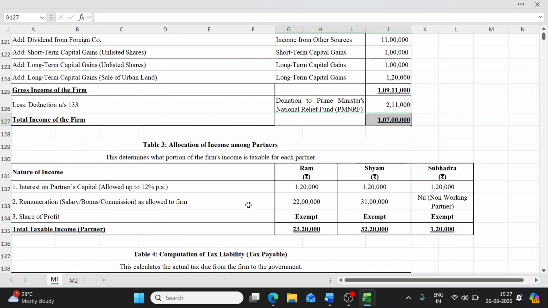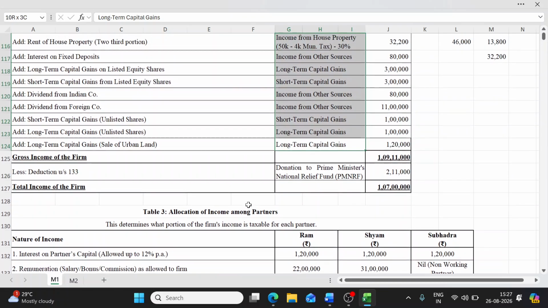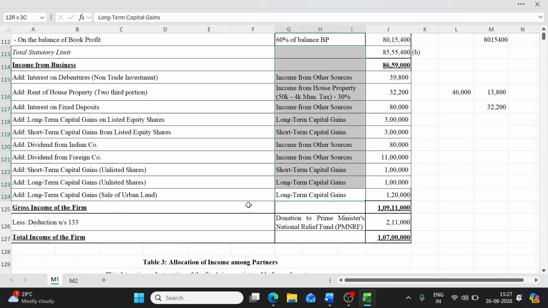So on 1 crore 7 lakh, this firm should pay income tax. But this 1 crore 7 lakhs includes incomes under different heads, like long-term capital gain, short-term capital gain, income from other sources, income from house property, and the partnership firm's business income.